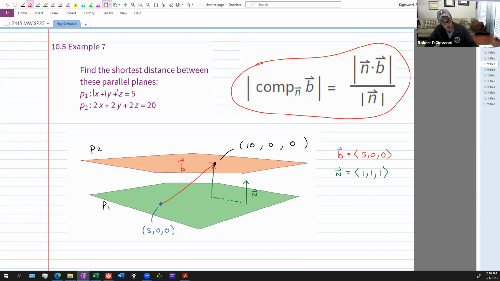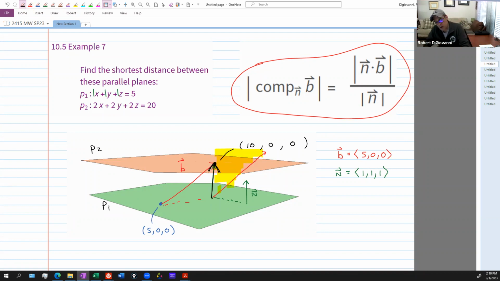And then move the red one over to where they go tail to tail, right? And then when you project the red one down onto the normal vector, you will find this projection vector right here. And then the length of that is the component. And that's the distance between the two planes.